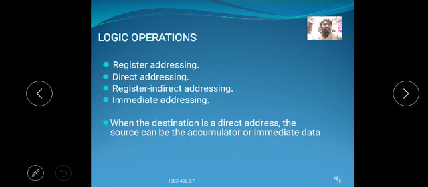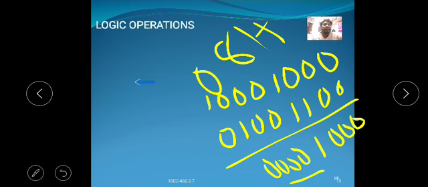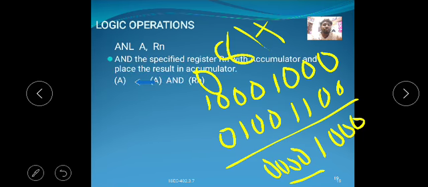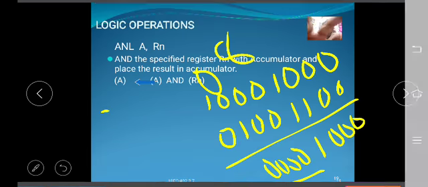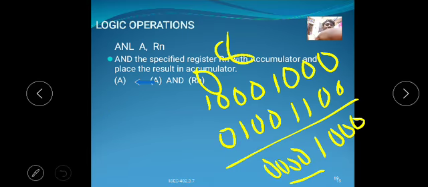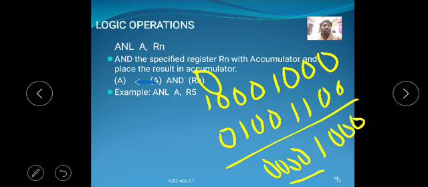When the destination is a direct address, the source can be the accumulator or immediate data. ANL A, Rn: AND the specified register Rn with the accumulator and place the result in the accumulator, A AND Rn.